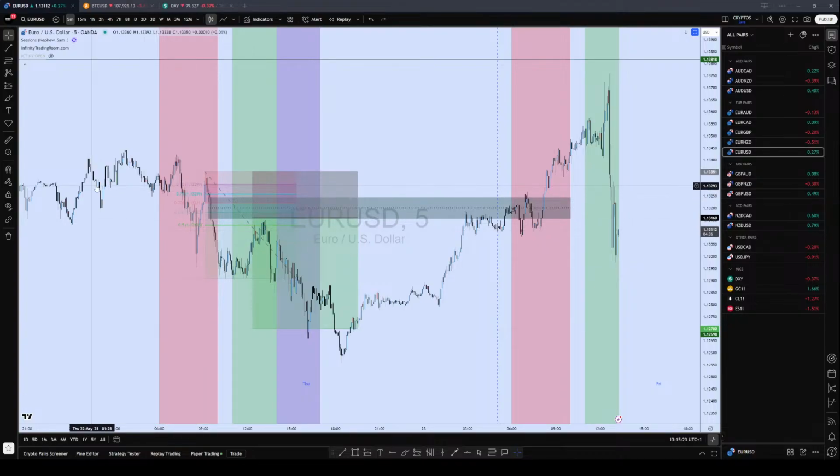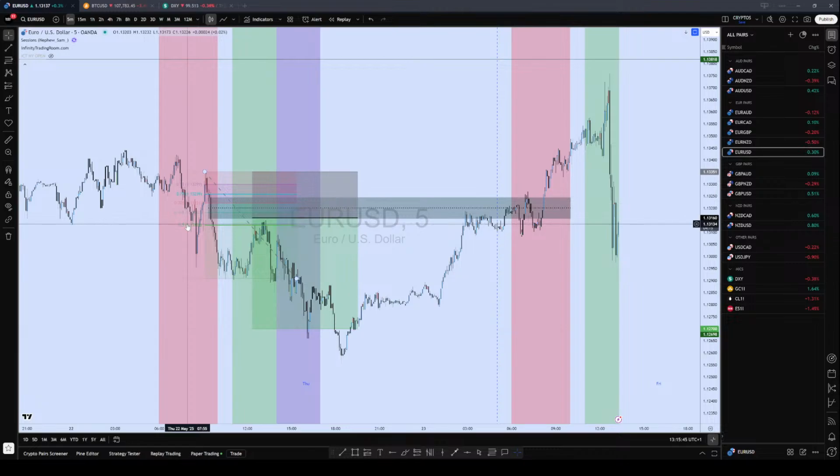So what does that mean? It means that price will move aggressively in a specific direction during that delivery window. That is the time that the algorithm is designed to move price towards levels.